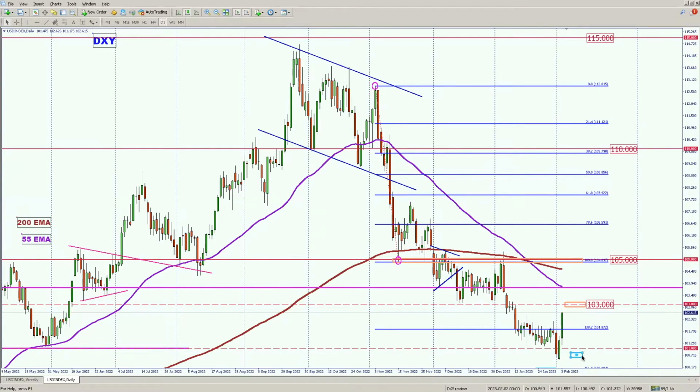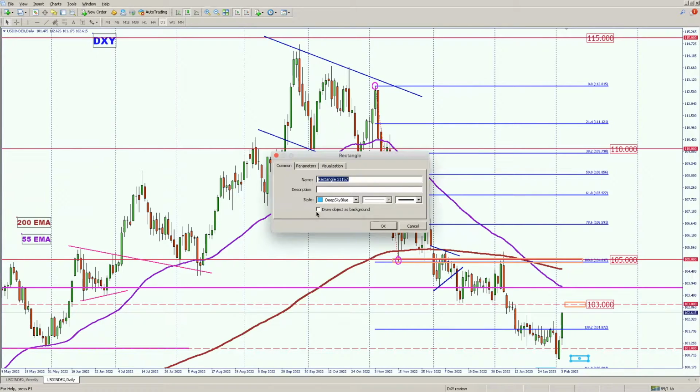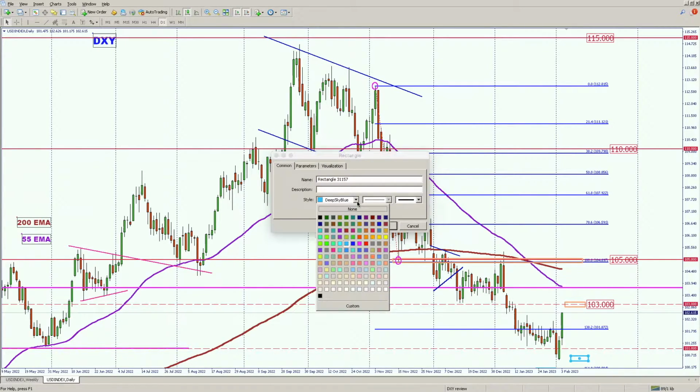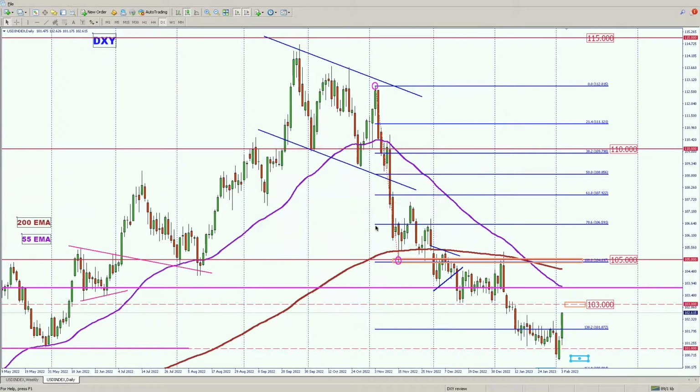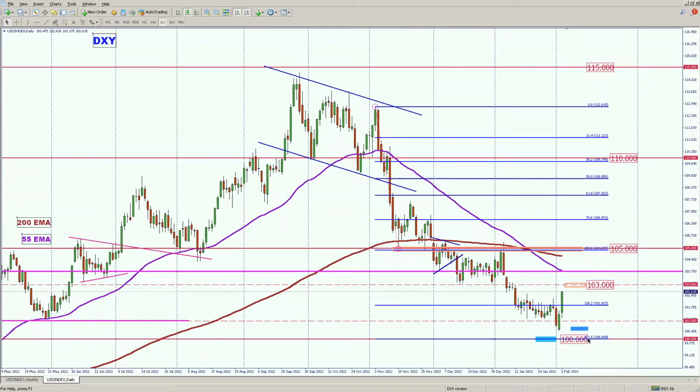So let's mark the support zone here. That's a key support for now. And we know below that, at the 100, that's already the critical one.